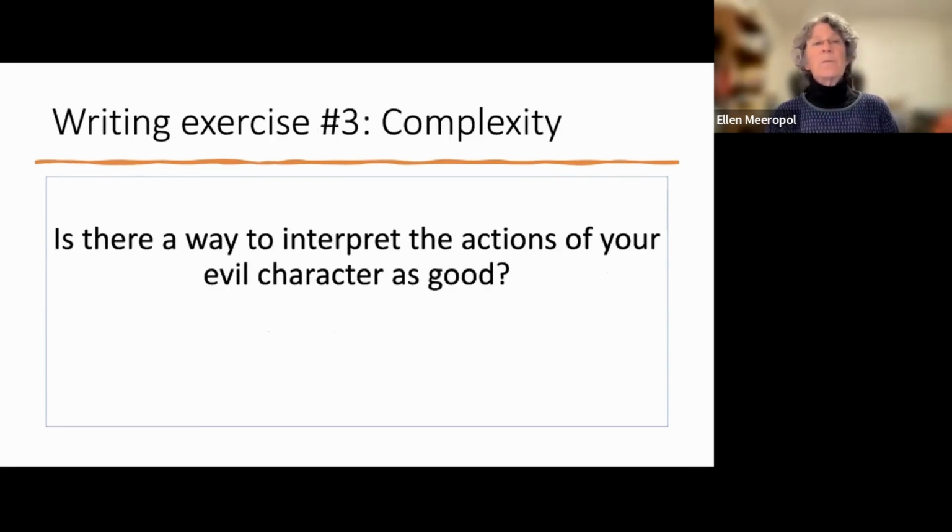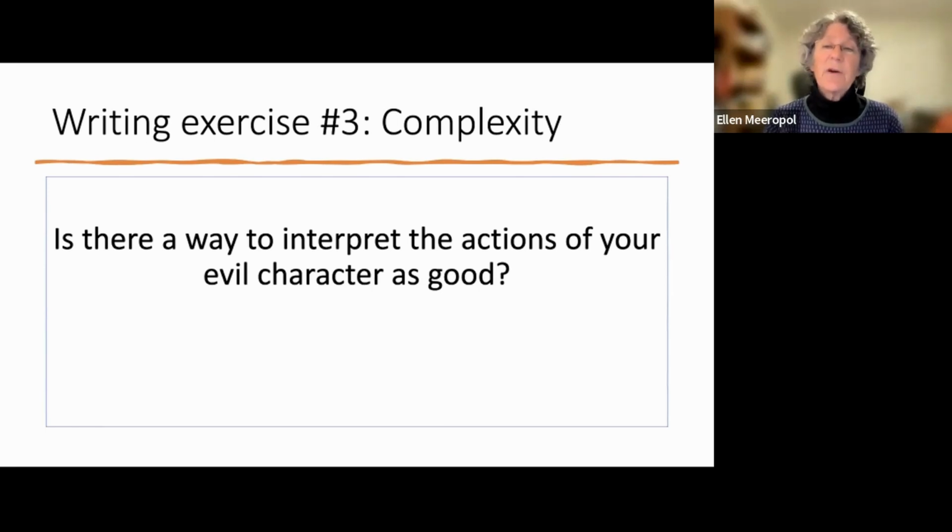So, writing exercise number 3 on complexity. Is there a way that a reader might question the evil nature of the character? Is there something about his or her actions that could be interpreted as less evil than on the surface?